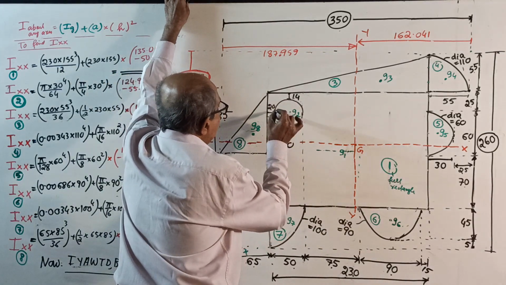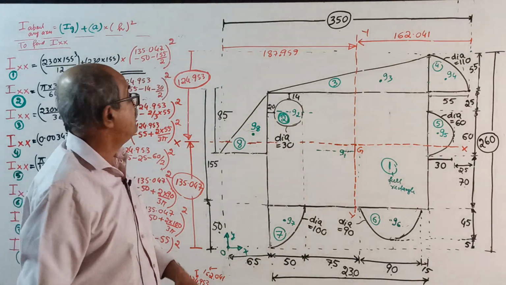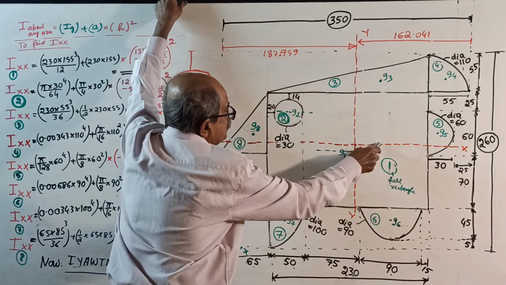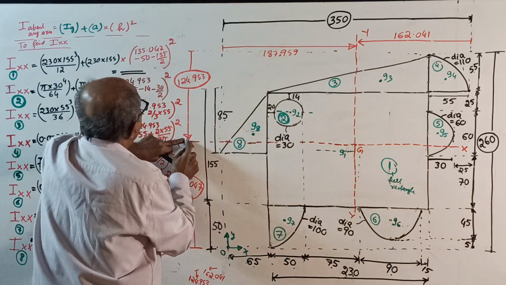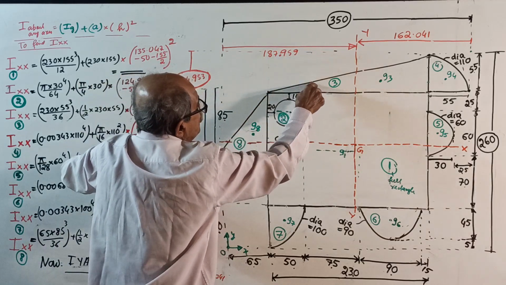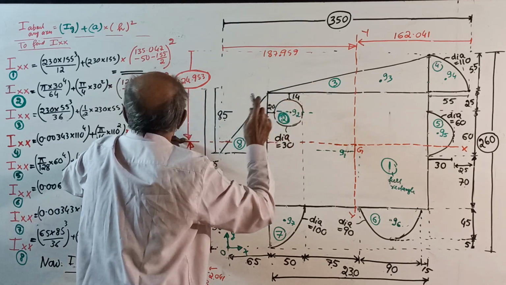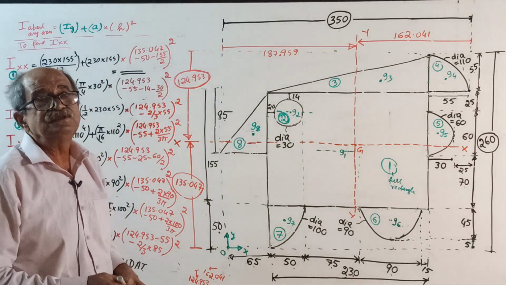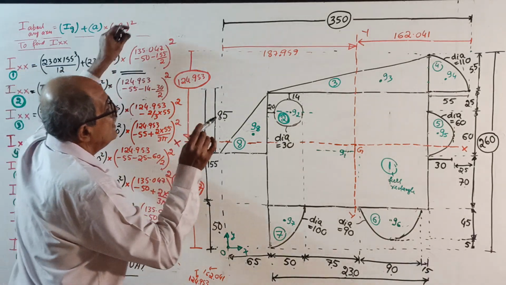2. I about its own centroidal axis, circle, pi d power 4 by 64, plus area into the distance from centroid to xx squared, which is 124.953 minus 55 minus 14 minus half of 30, whole square. You should write horizontally. Here there is a space problem, that's why I am putting one below the other. 3.